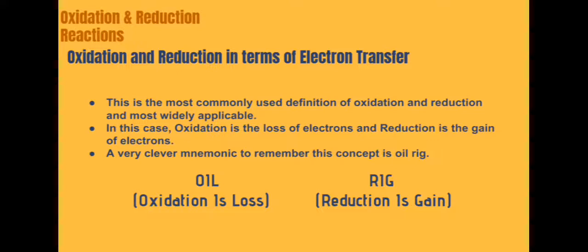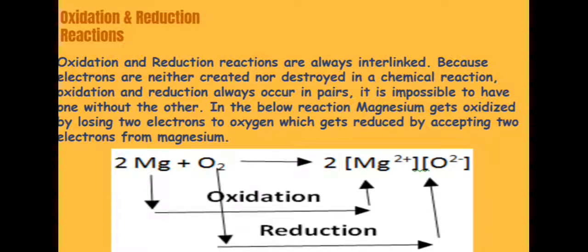So, to fully understand oxidation and reduction reactions, they are always interlinked. So, bawal po sila maghiwalay kasi yung electrons are neither created nor destroyed in a chemical reaction. At base po sa sinabi ko, oxidation and reduction always occur in pairs, meaning it is impossible to have one without the other.